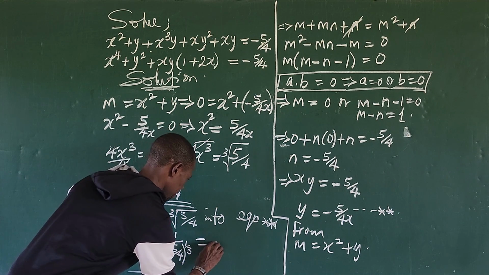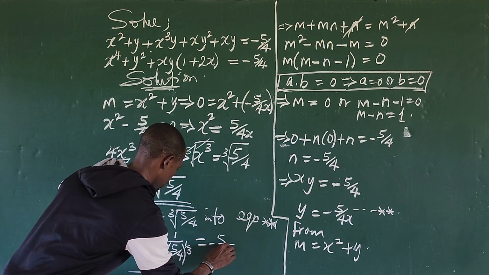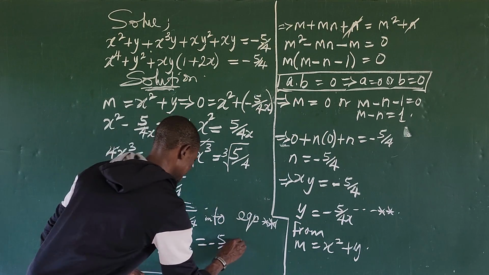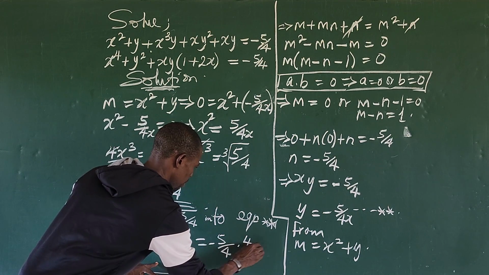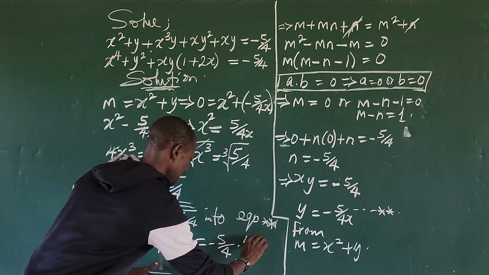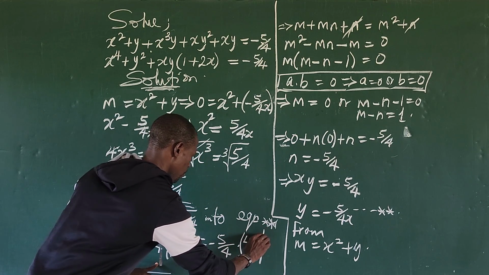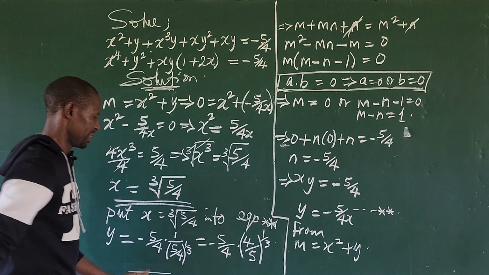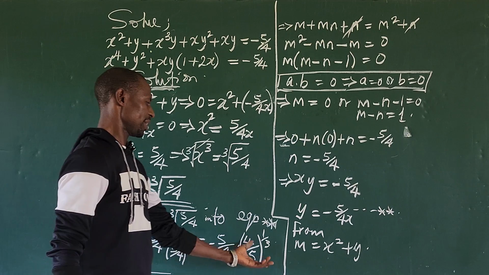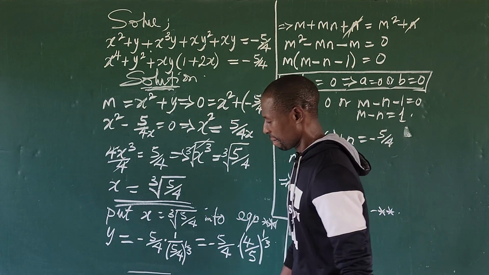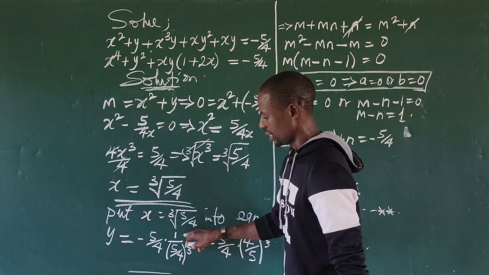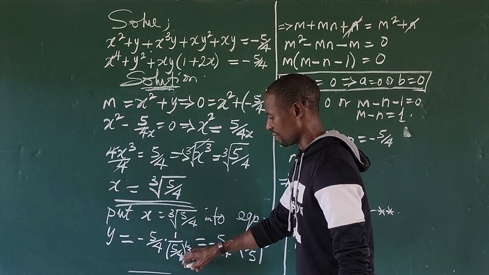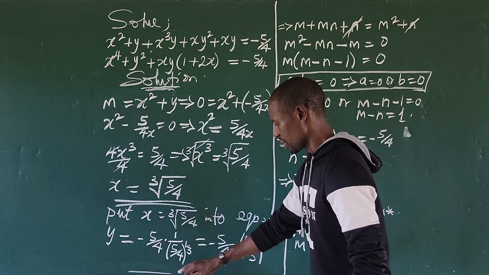So this is going to give us minus 5 all over 4 times 4 all over 5, all to the power of 1 all over 3. We manipulate this 1 and this division sign alongside the 5 all over 4. This will go up, this will come down.